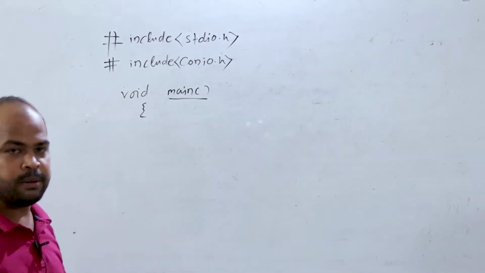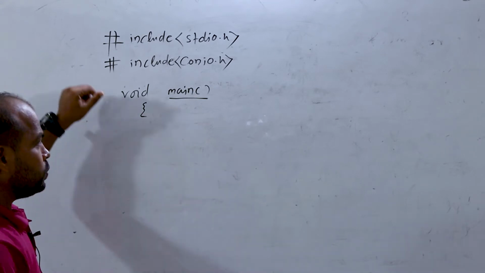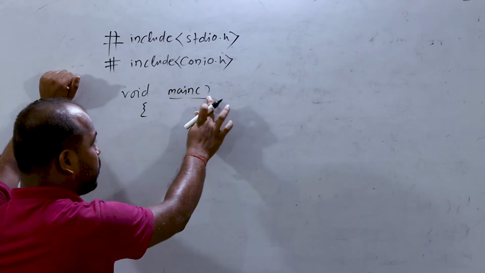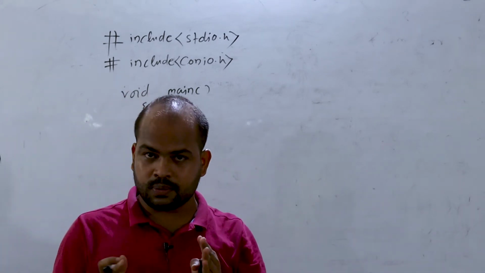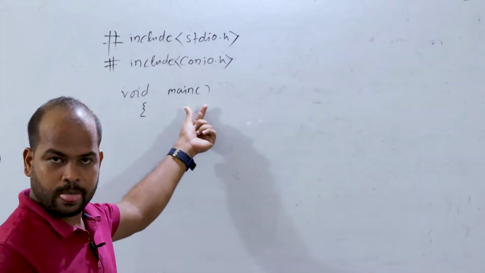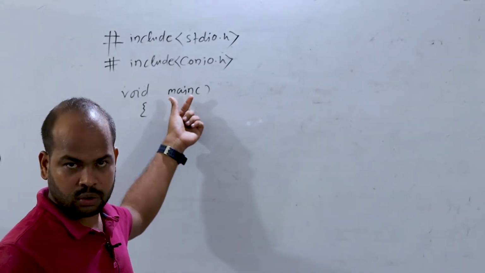That is, you can write void. Void means default return type. Also, one more thing is that the program execution starts from the main function, so compulsorily you have to write the main function.